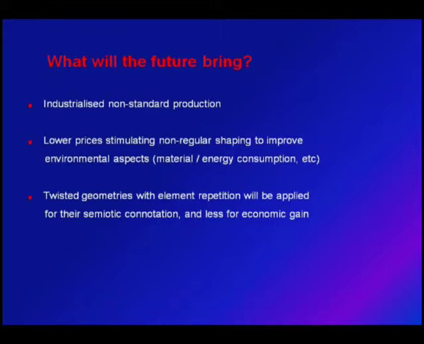Well, non-standard production is the thing of the future, with lower prices, and the twisted buildings as we saw them now coming up, like the Malmö building, won't be repeated for economic reasons, but because of the symbolic meaning of the lines and the easy to imagine geometry, I think.